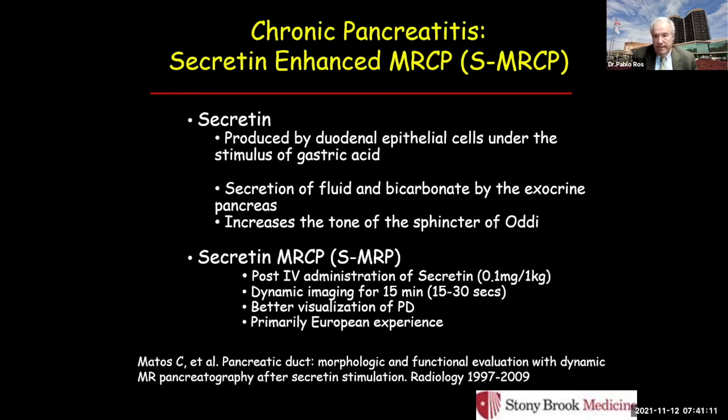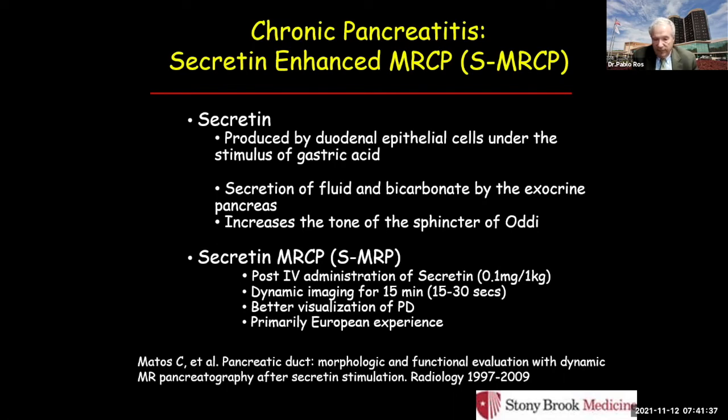So there is a product, secretin, obviously it's not human, it can be synthetic or porcine. Actually, the typical now is synthetic with less allergic complications. It's given IV to the patient and then has a short lifespan, very much like the natural secretin that we produce when we eat.